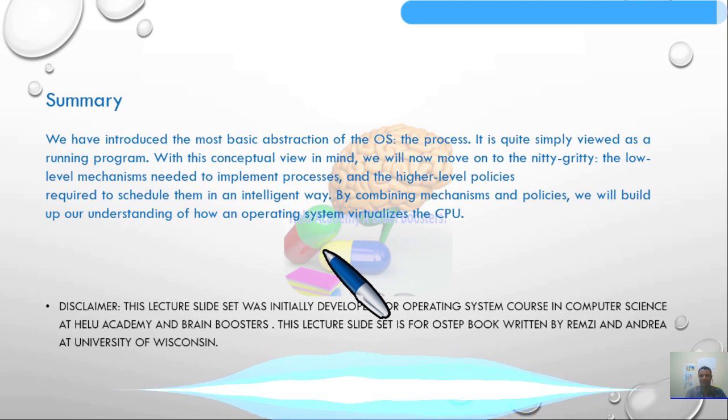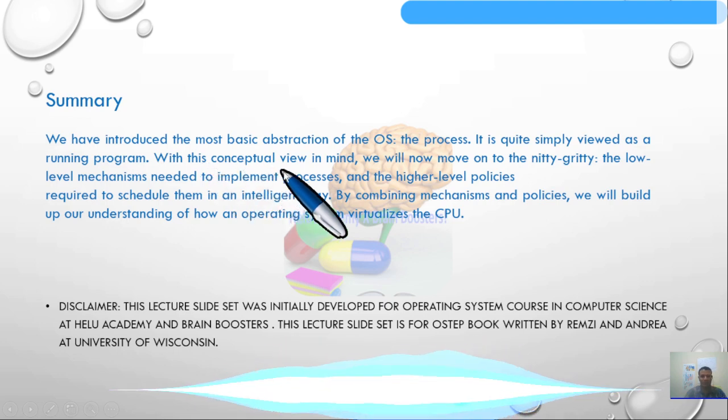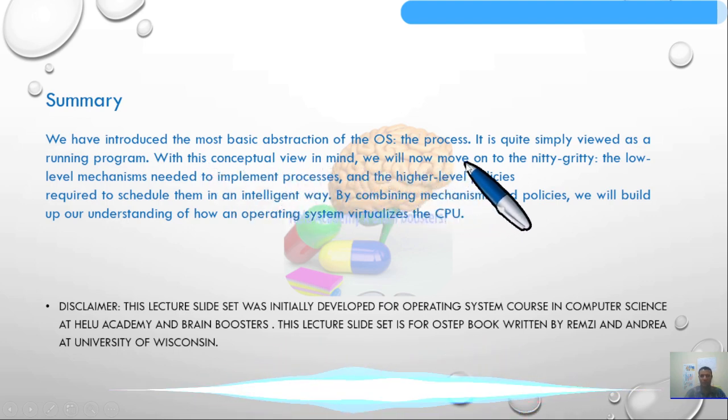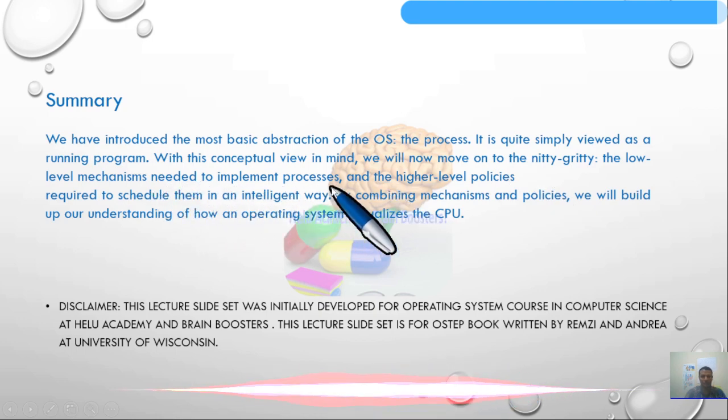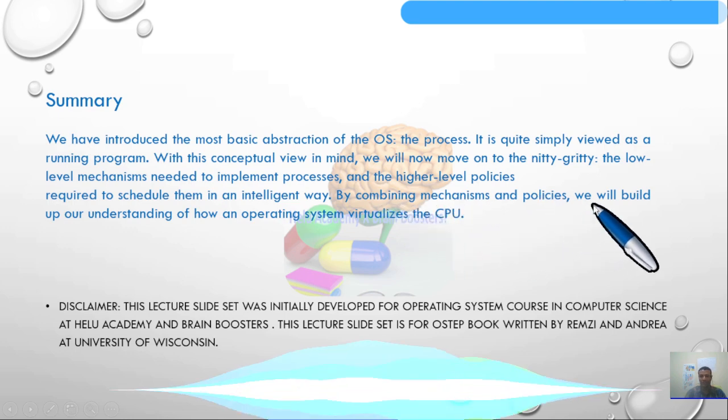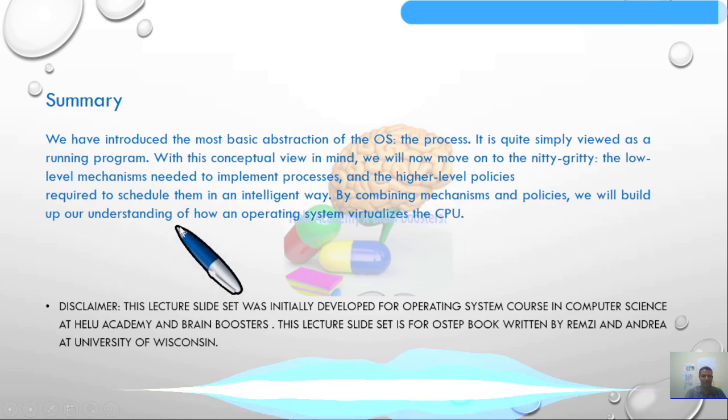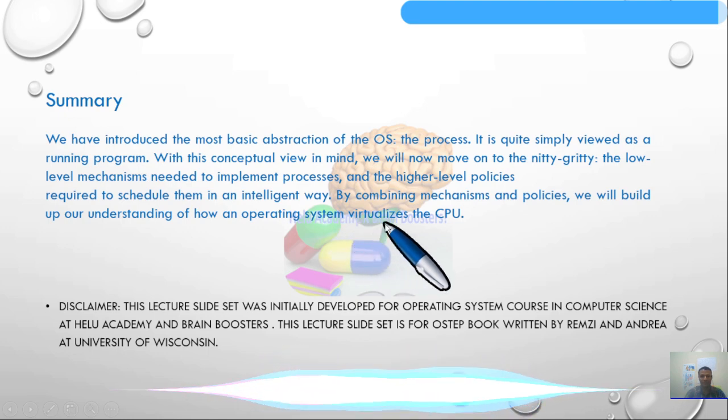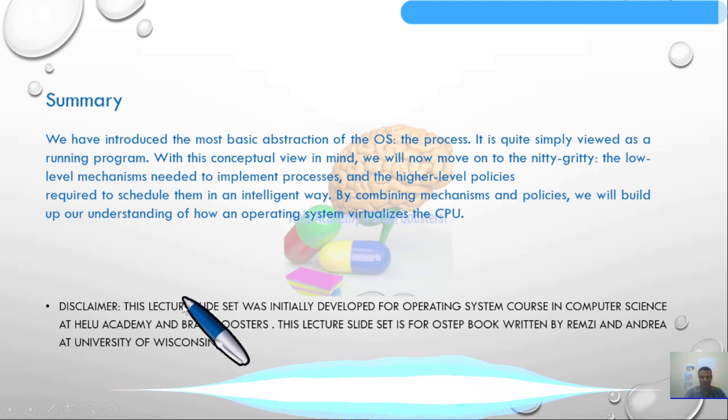It is quite simply viewed as a running program. With this conceptual view in mind, we will now move on to the nitty-gritty, the low-level mechanisms needed to implement processes, and the higher-level policies required to schedule them in an intelligent way. By combining mechanism and policy, we will build up our understanding of how an operating system virtualizes the CPU.